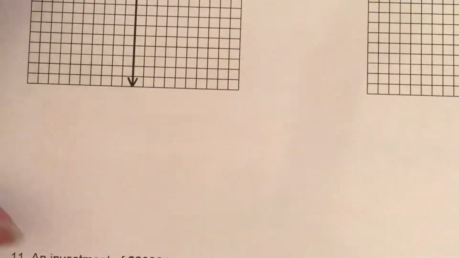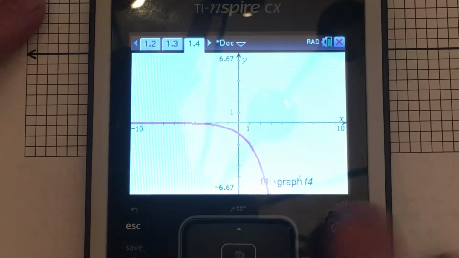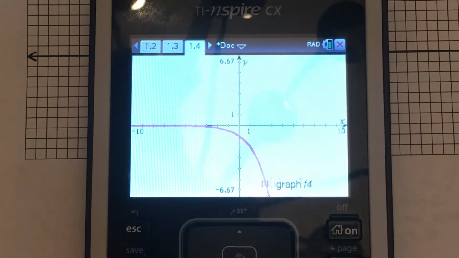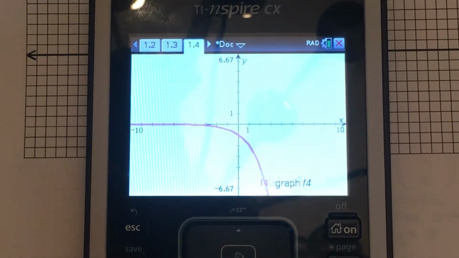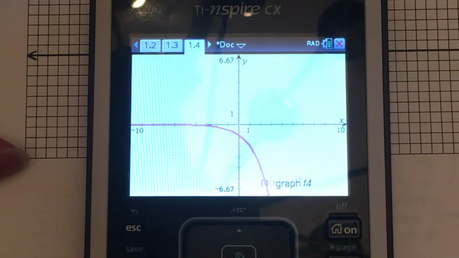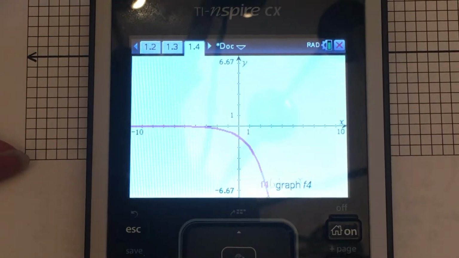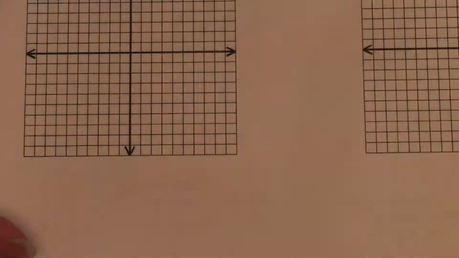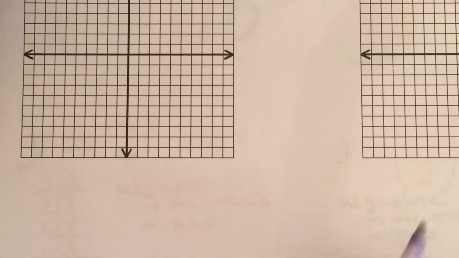This is negative 2 to the x power. And so it's heading pretty much in the same right-left direction, but this time it's going down. So that gives me some ideas of where to draw my t-table. And most of my points will be over in the negatives on the left.